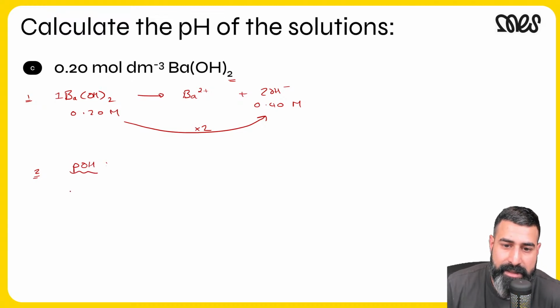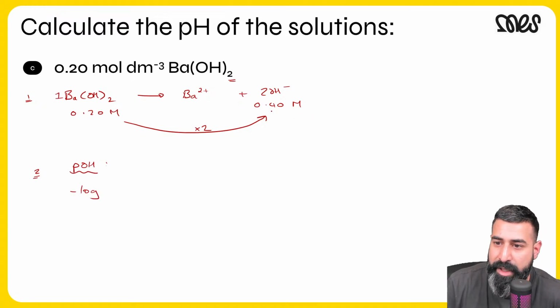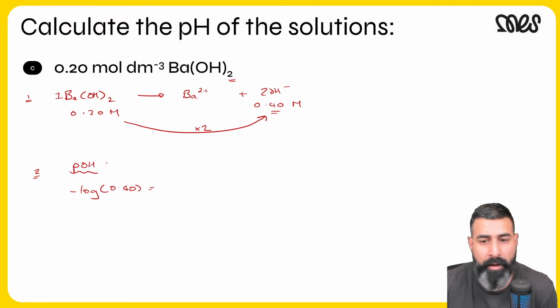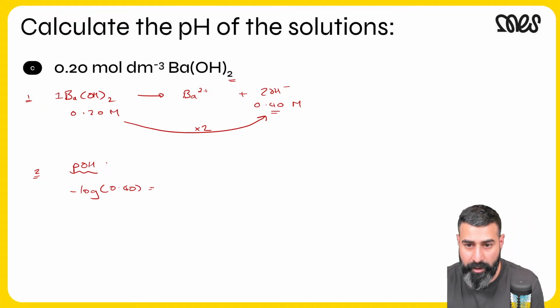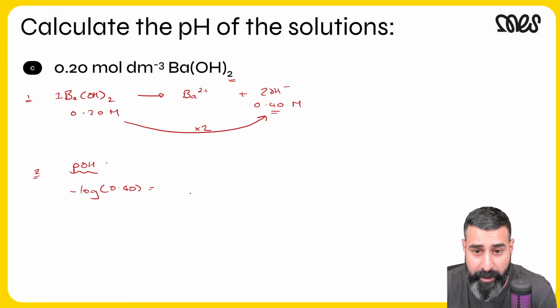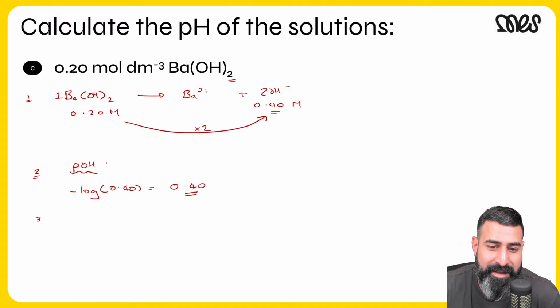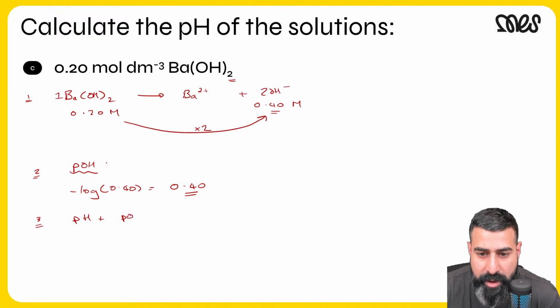pOH. So that's going to be the negative log of, make sure you pick the correct one, 0.40. Okay, negative log of 0.40. Check, am I doing this correctly? I get 0.40. So that's pOH. Part 3: pH plus pOH is equal to 14.